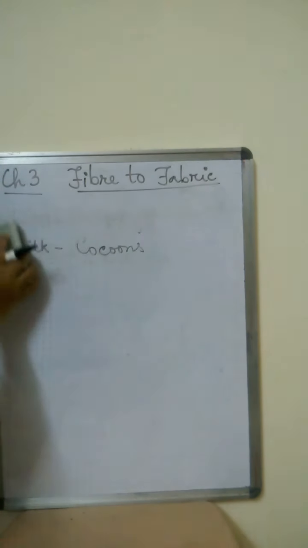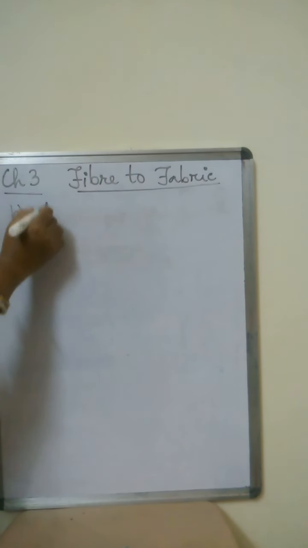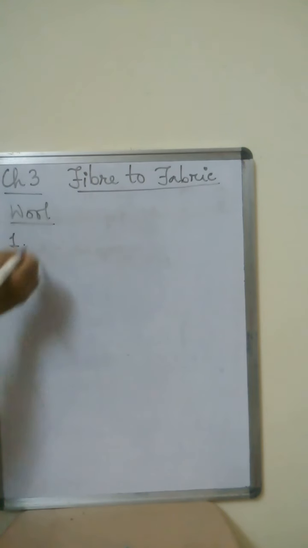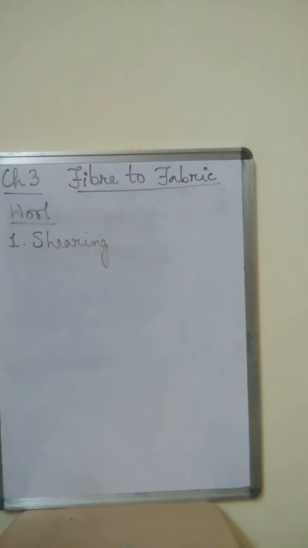Now the first thing that we are going to learn is how we get wool. There are different steps through which we get wool. Now what are the steps? The first step is shearing. What is shearing? Shearing means we take out the thin layer of skin.